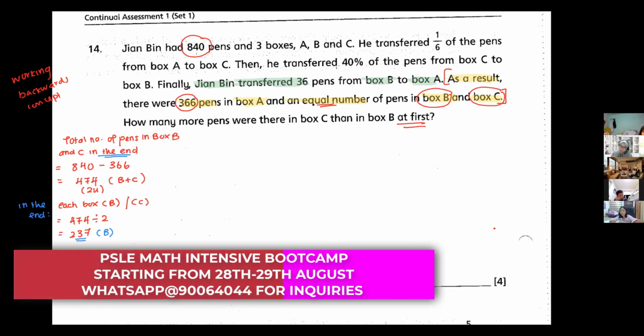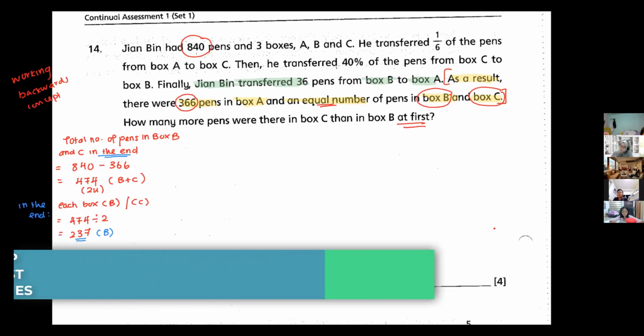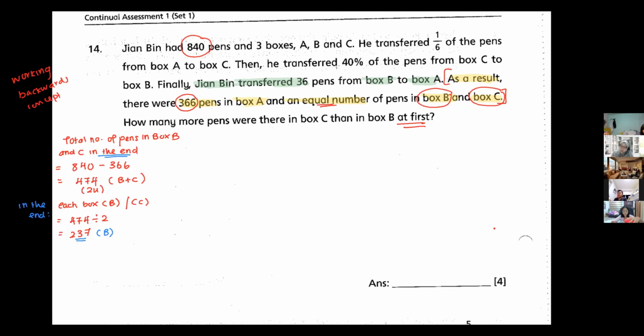Since I know that box B in the end is 237, I want to work one step backwards. Before I transfer from B to A, this is my grand total in B: 237 plus the 36, and you will get 273.